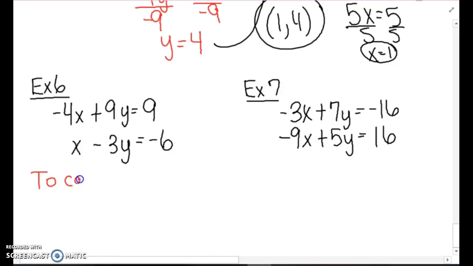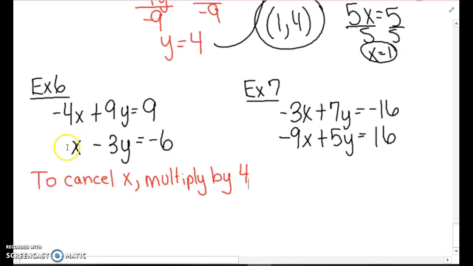To cancel x, you would multiply by, well, here I have a negative 4x, and here I don't have a number, so I need to include the 4, so I would multiply by a 4.